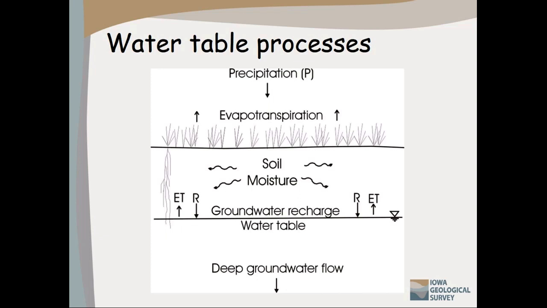We can look at evapotranspiration from the water table, and we can use the water table as an indication of deep groundwater flow and recharge to deeper aquifers. So monitoring the water table really has a lot of intrinsic value, not just from the simple monitoring of it, but what you can infer about a lot of other processes, because it really does integrate a lot of different things.